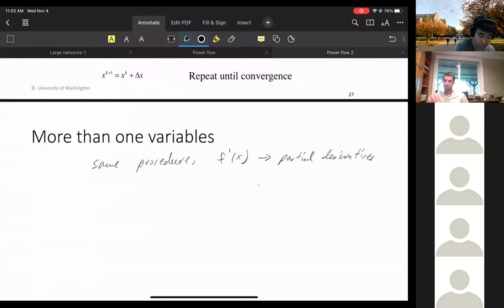This is something called a Jacobian matrix. We replace the derivative by a matrix because I have more than one variable. Then the procedure goes the same as before. Let's do it for two variables today. The next class we'll do it for the more general n variables, but the idea is still similar.